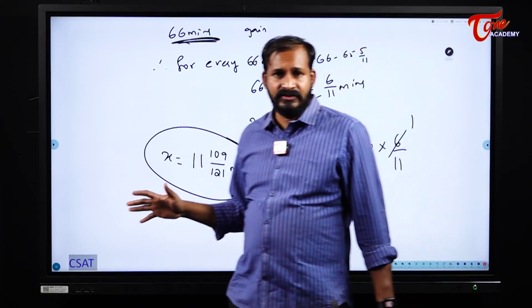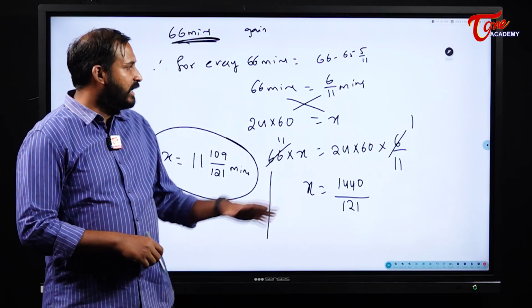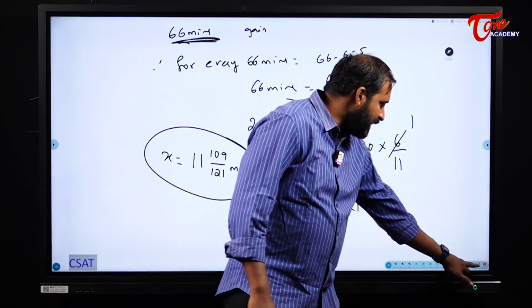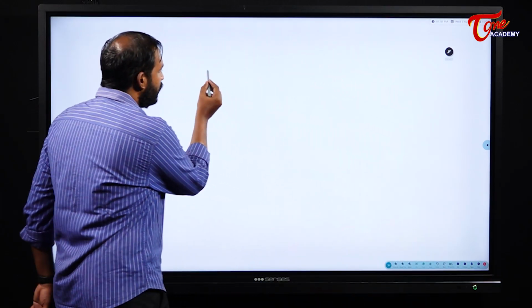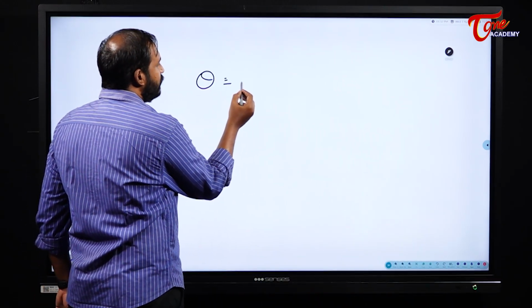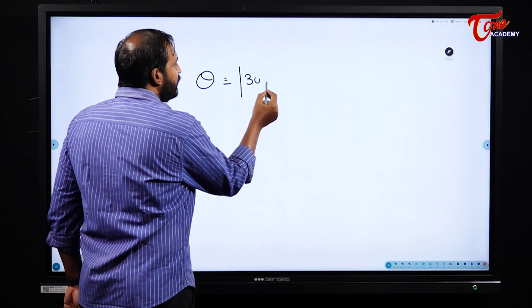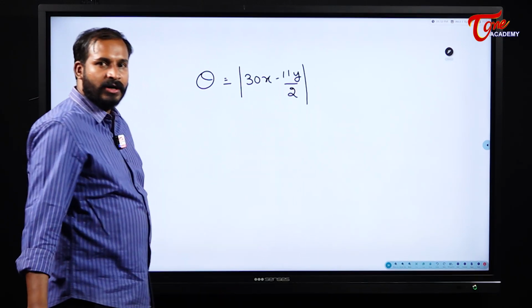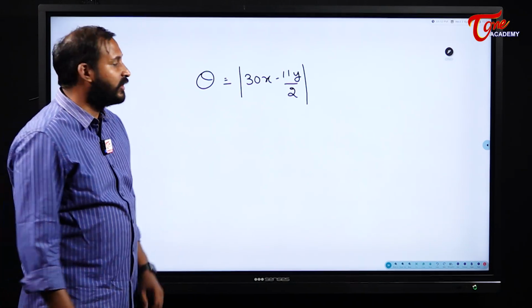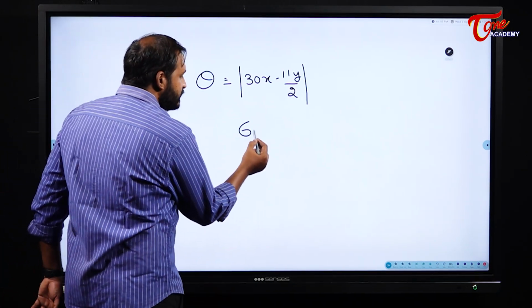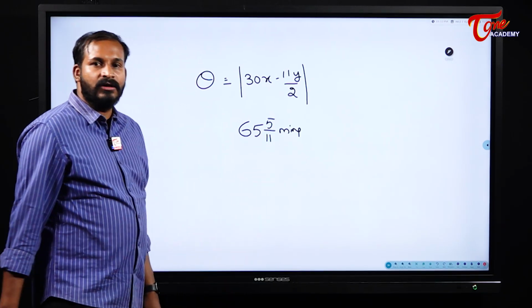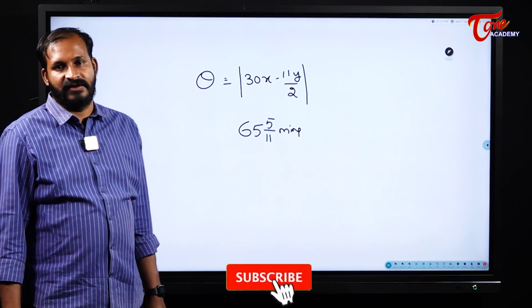This is the basics, students. The entire clocks concept depends on this only. What are the things we have learnt here, students? Angle between two hands of the clock: the only formula is theta is equal to modulus of 30x minus 11y by 2. This is very important. In a perfect clock, the two hands will coincide every 65 5/11 minutes.